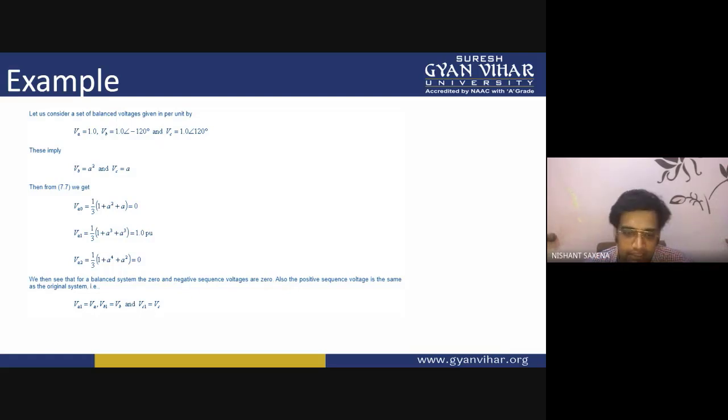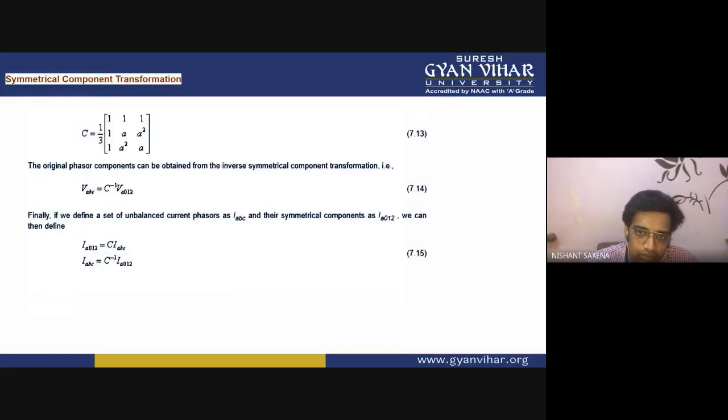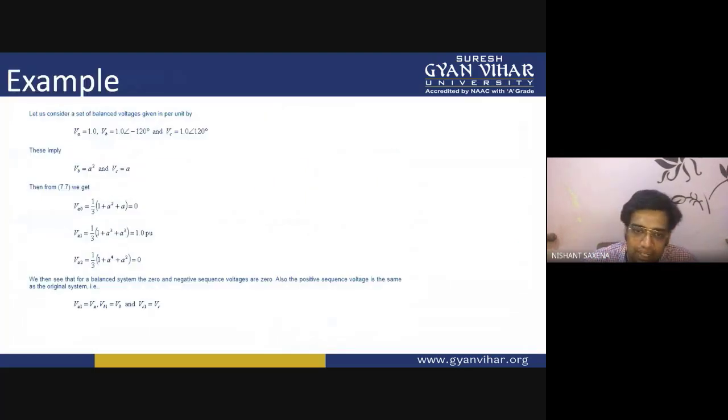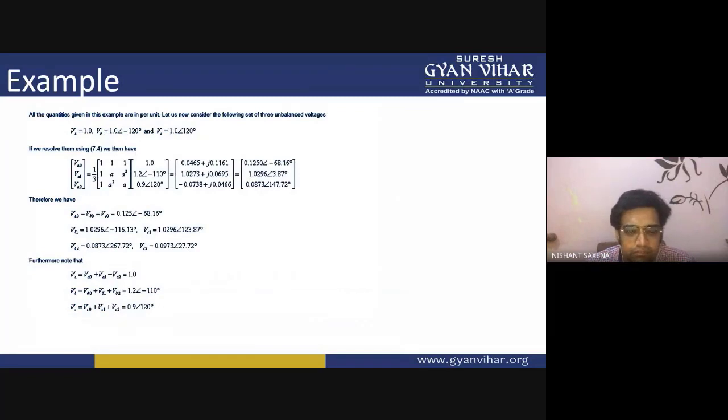You can see that the magnitudes of all the phases are the same, that is 1, and they differ by phase angles of minus 120 degrees and 120 degrees from phase A, for phases B and C respectively.